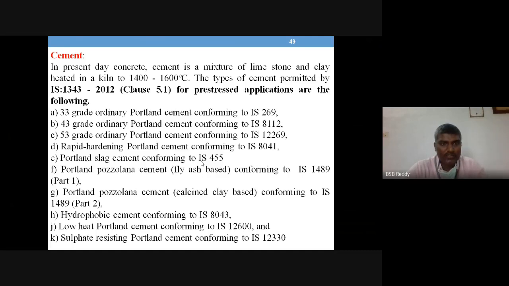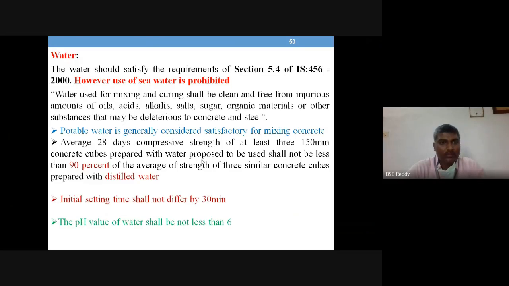And cement: what sort of cement is to be chosen for a particular type of work that you are planning for pre-stressed concrete preparation, and what sort of water you should use for mixing in case of pre-stressed concrete preparation.